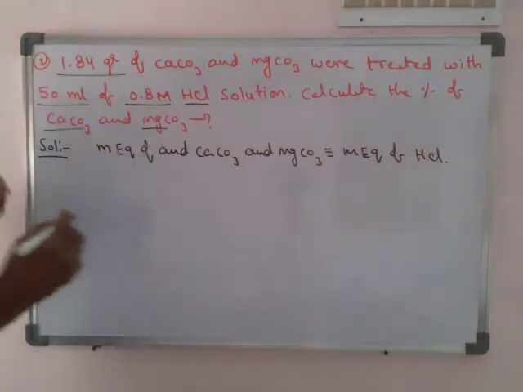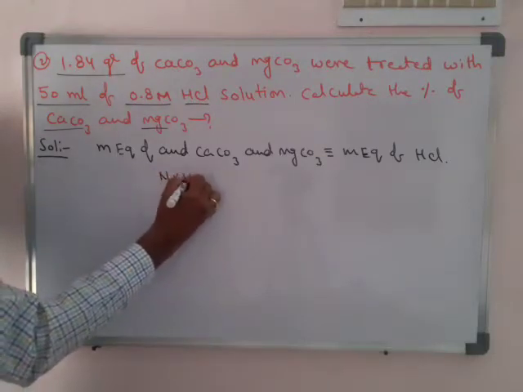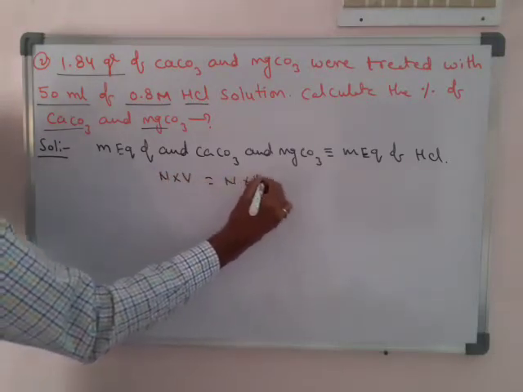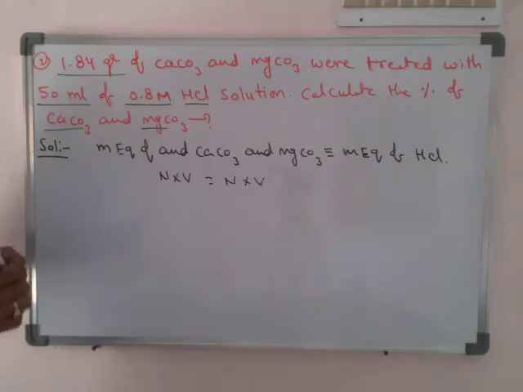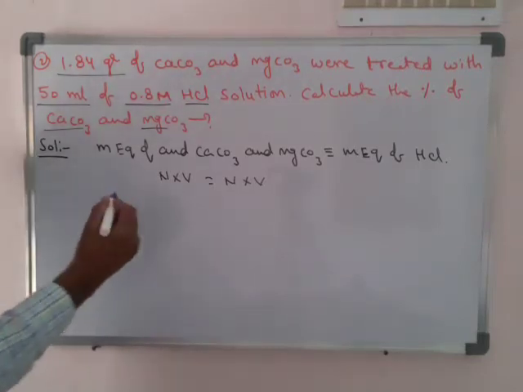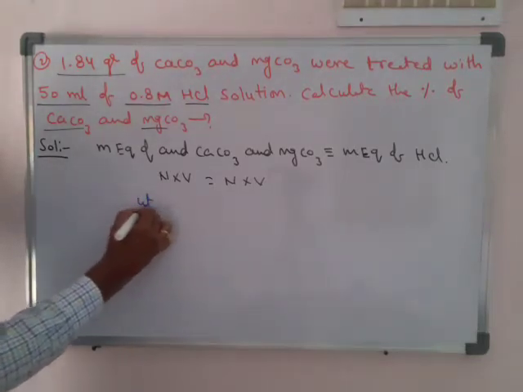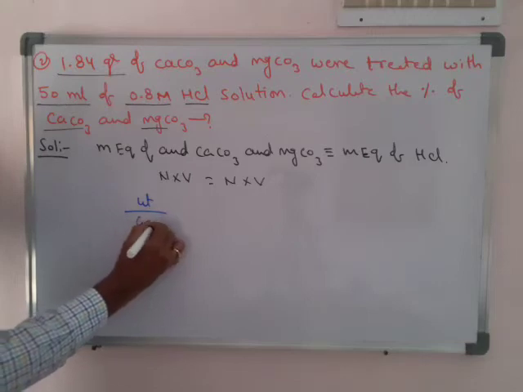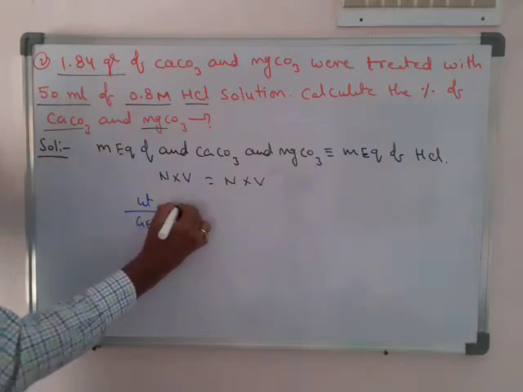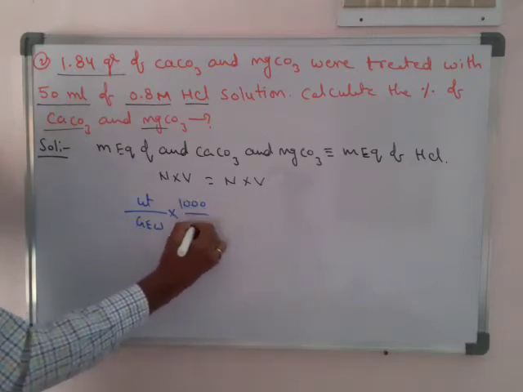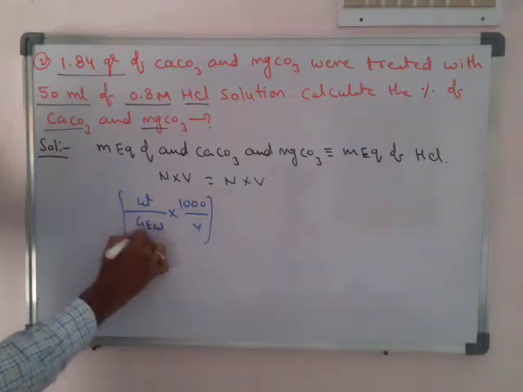Okay, so now we know that normality into volume. So what is this normality? So exactly like the last problem, weight by gram equivalent weight into 1000 by V. Actually the V will get cancelled.